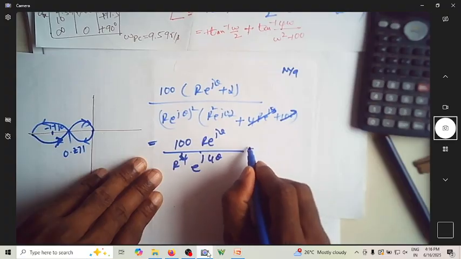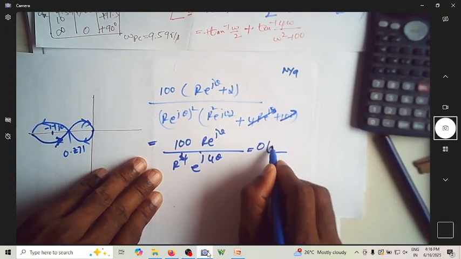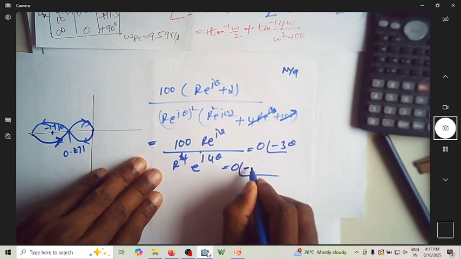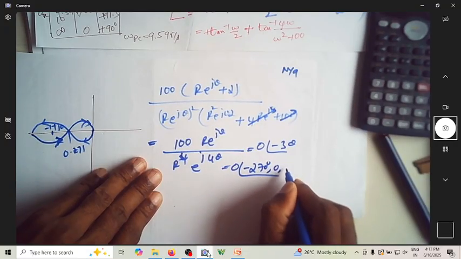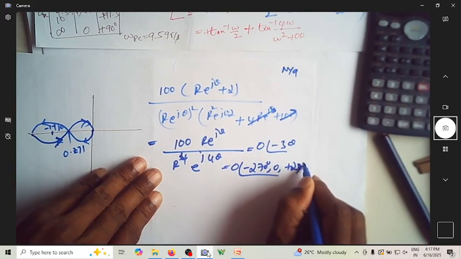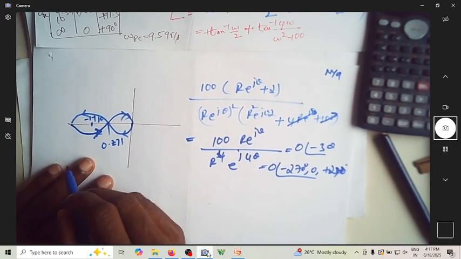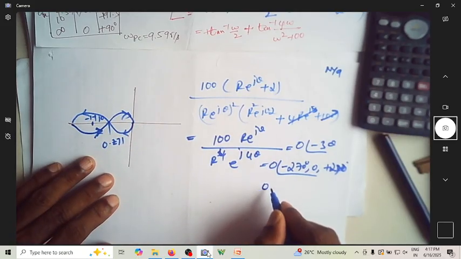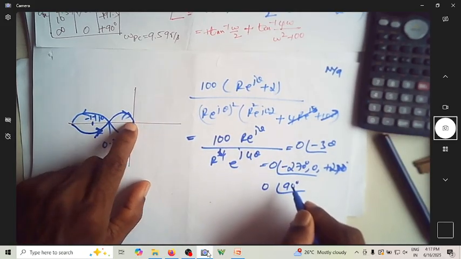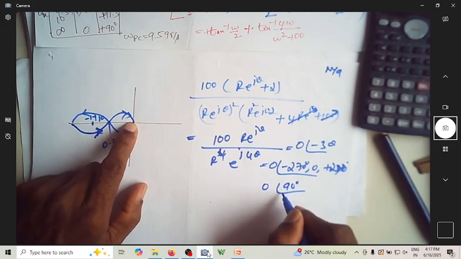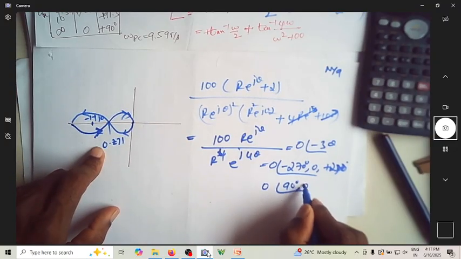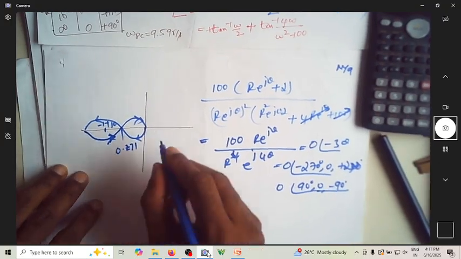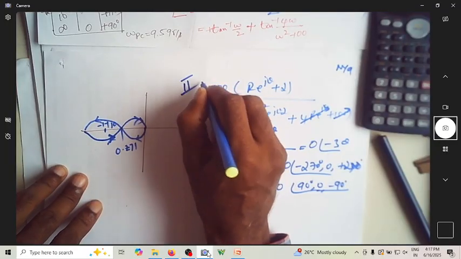So then this will become 0 at an angle minus 3 theta. So theta ranges from 0 at an angle minus 270 degree to 0 at plus 270 degree, meaning this is a dot at the origin. Because minus 270 is nothing but 90 degree, it starts at 90 degree. So this is the dot, 0, this is minus 90 degree. So it starts here and then goes like this. So this is the second segment.